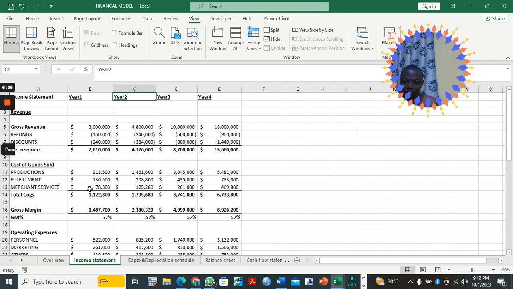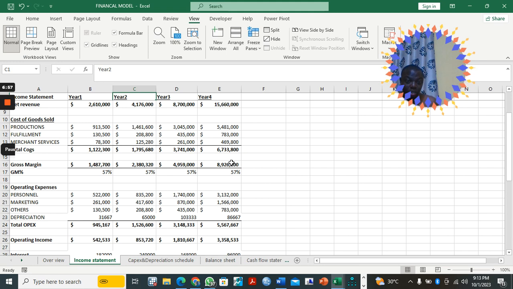So we get our total cost of goods sold, get our gross margin. Net revenue minus what? The cost of goods sold gives us the gross margin.